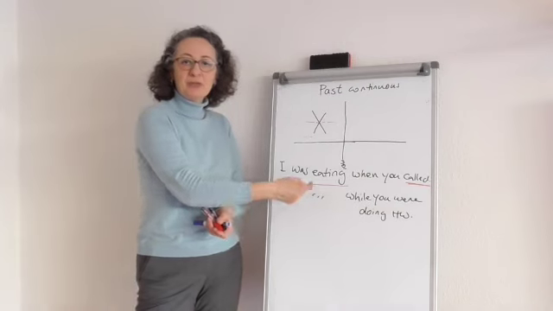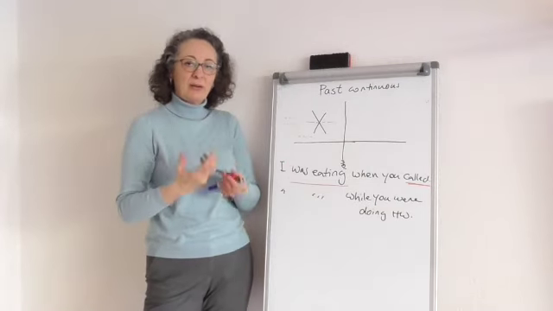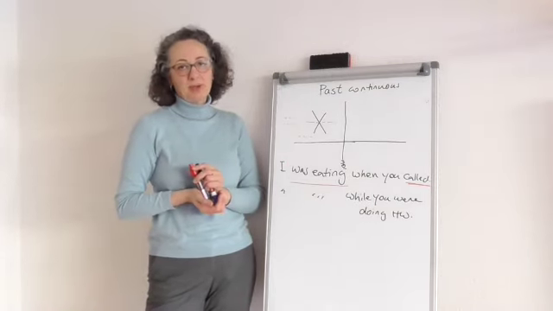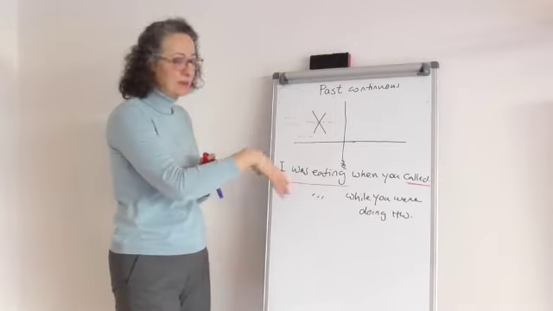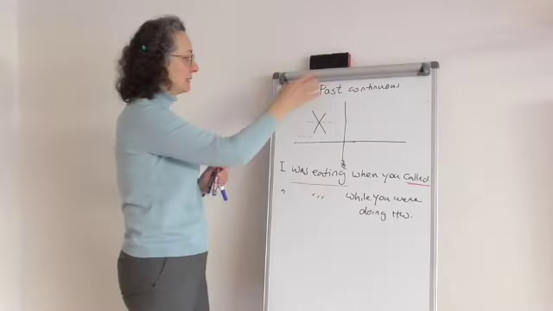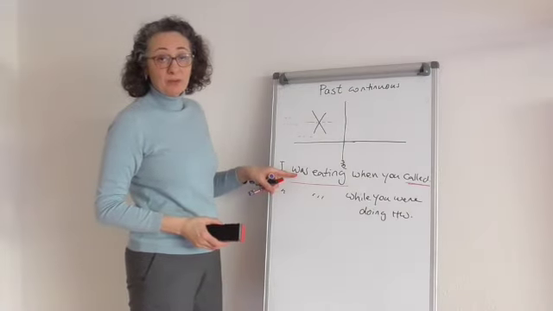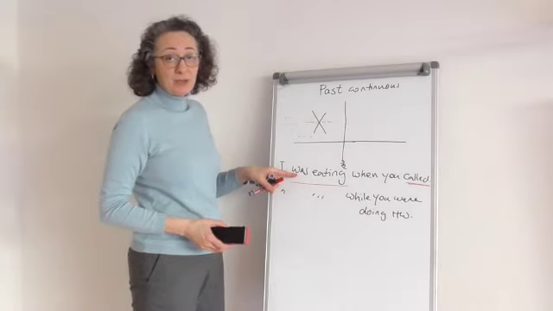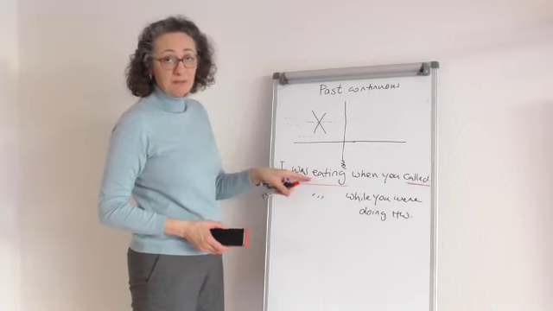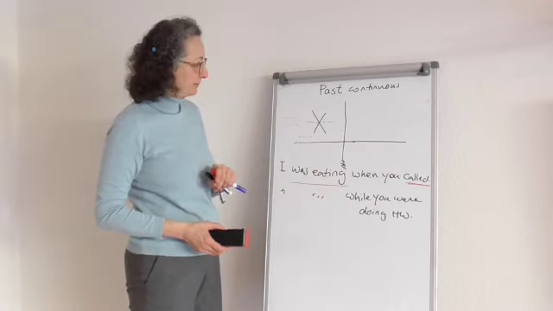The past continuous is used to show two parallel actions that happened at the same time. So 3 different ways of using past continuous. As you can see, as usual, in order to form the past continuous, we have was or were, obviously, plus the verb plus ing form.